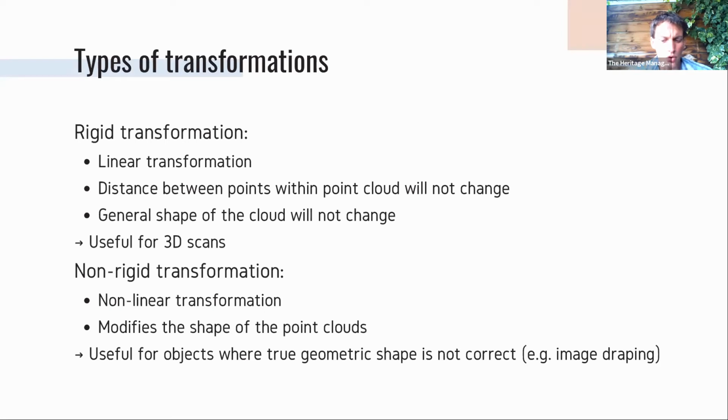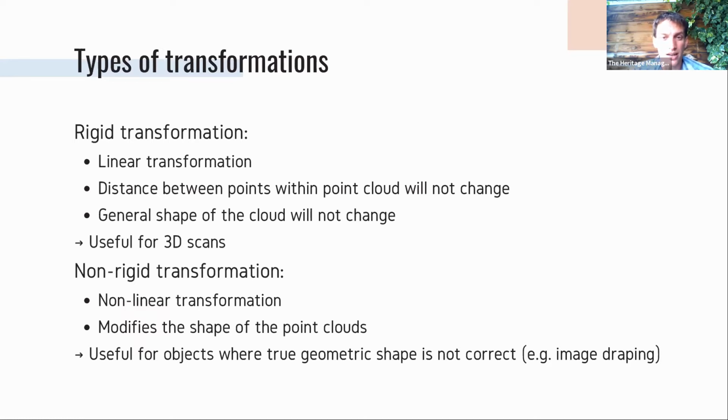So if we talk about these indirect point cloud registrations, and especially the cloud-to-cloud registrations, there are also two transformations that we can apply. And most of the time, we will use the rigid transformation. A non-rigid transformation is a non-linear transformation, and it will actually modify the shape of our point cloud.